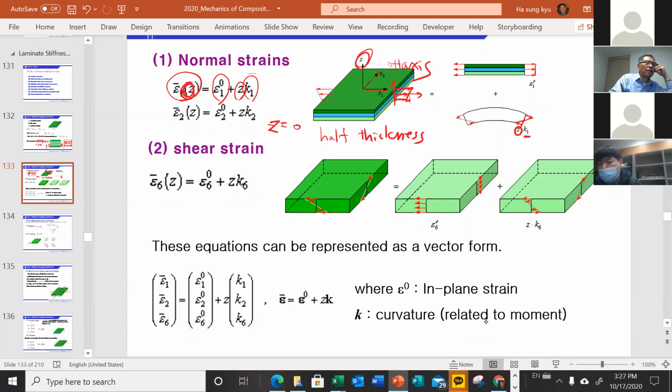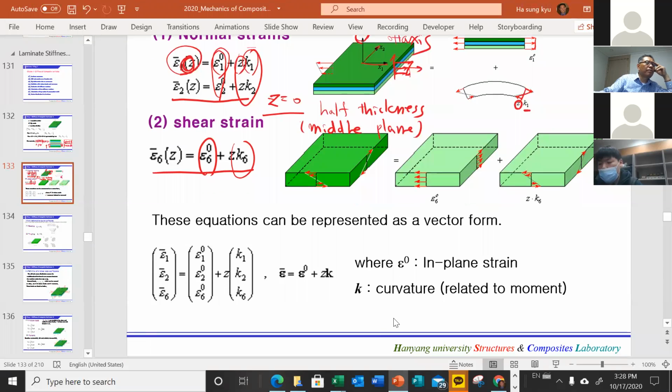At the middle, half thickness means the middle plane. Which is different from the neutral axis in beam theory. In beam theory the neutral axis is always located where strain is 0, but here z equals 0 is not a neutral axis, but just a middle plane. Easy to select. So normal and shear, same. Always a uniform part, and there is a linear dependency.